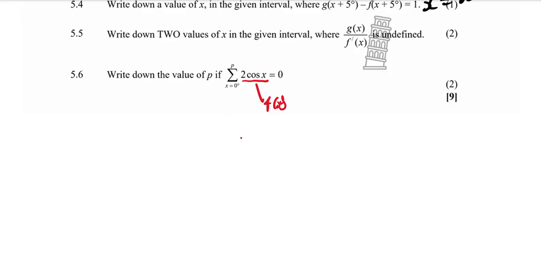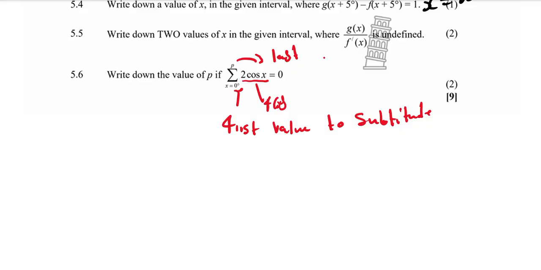We know that when you have something like this, the 0 is the first value to substitute, and then this p is our last value to substitute.